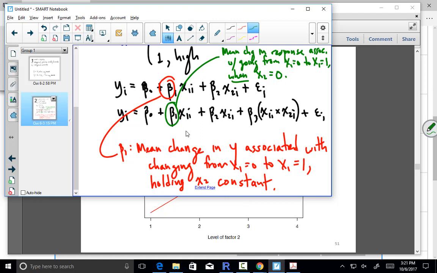If you put an interaction in the model, then the green beta 1 becomes an x1 effect that's specific to one of the levels of x2. So by including an interaction, you allow for there to be a separate x1 effect. There's an x1 effect for x2 equals 0, and there's a different one for x2 equal 1.